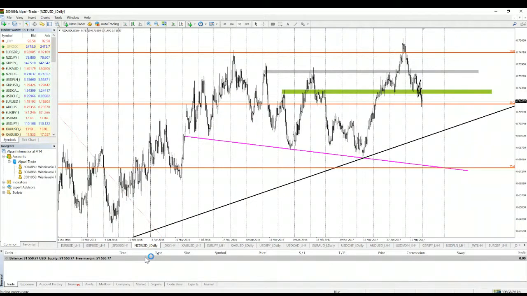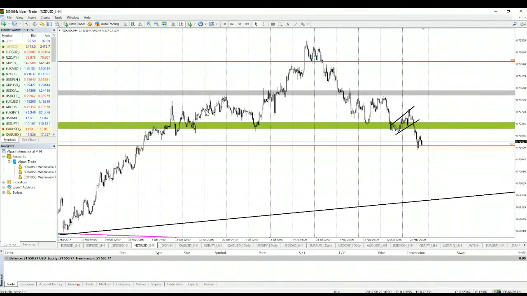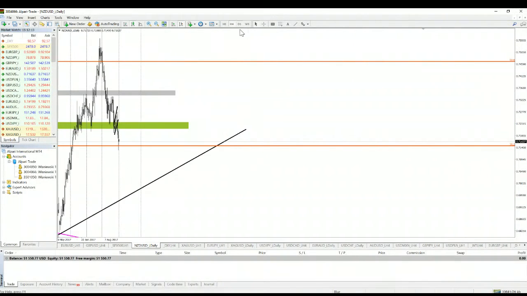That's S&P 500, and that's New Zealand dollar to American dollar, where we do have this head and shoulder formation, left shoulder, head and right shoulder. Before the breakout, we had this flag, which suggested a trend continuation of the short-term trend, and it actually happened. So we got a breakout of the lower line of the flag, at the same time the horizontal support, which was a neckline, and the price declined sharply.